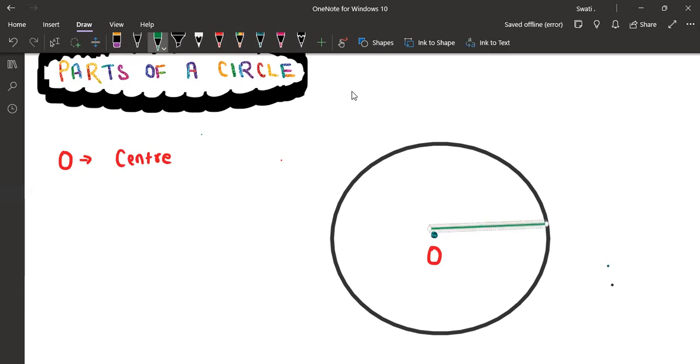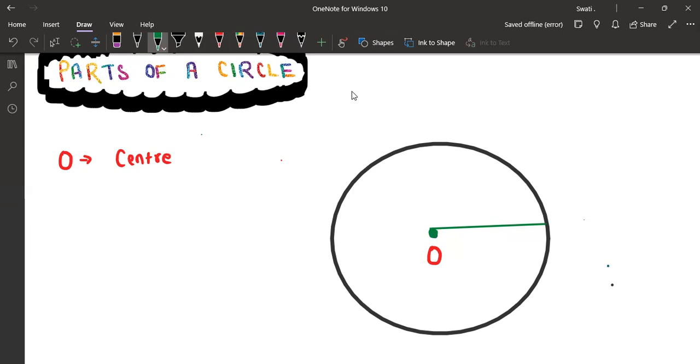Remember, the circumference of the circle is nothing but the boundary. I hope you are aware of the word perimeter. In a circle, the perimeter has a special name, which is called the circumference.